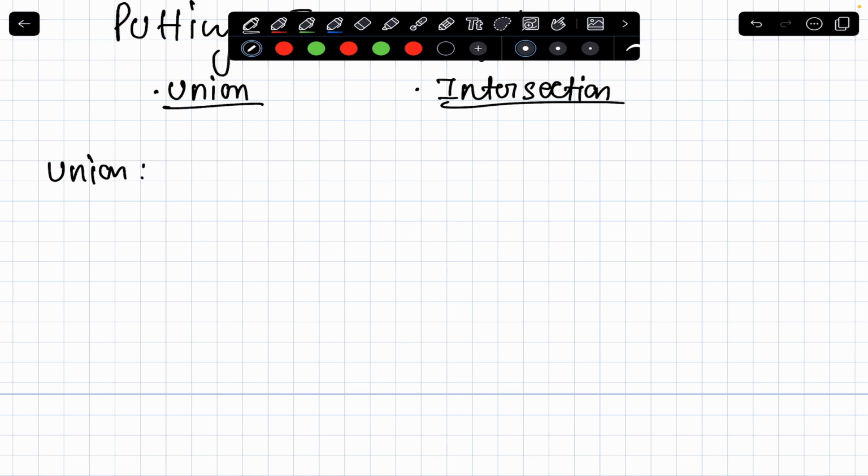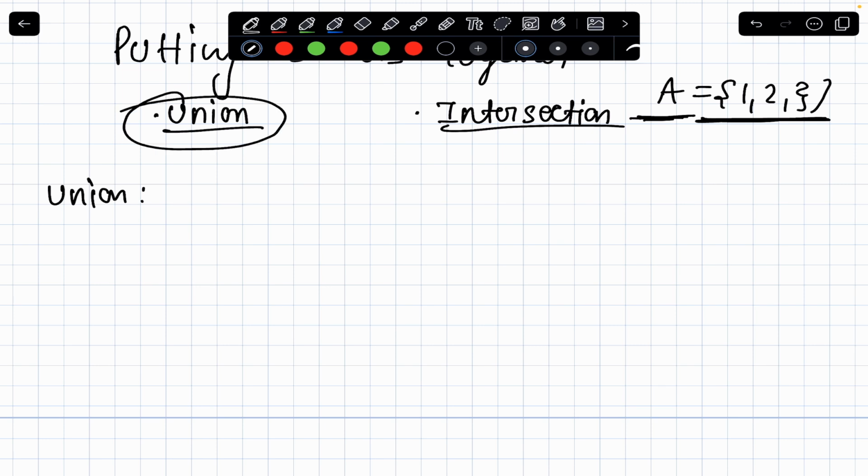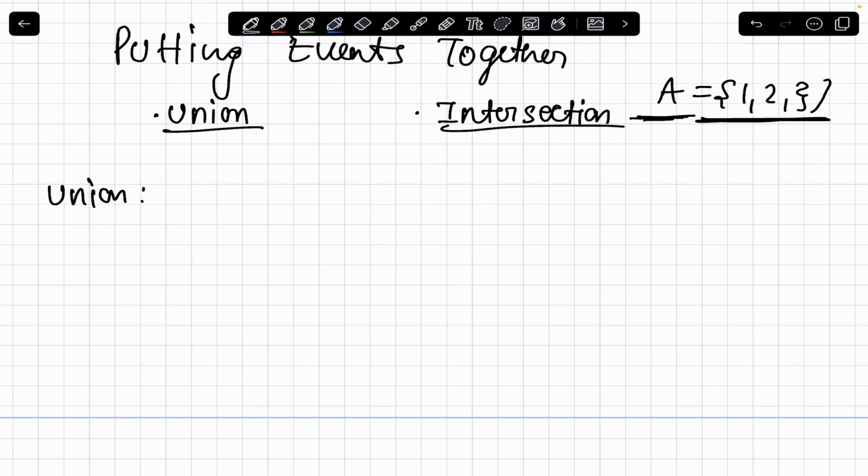A set is nothing but, if an event has 1, 2, and 3, then this set equals A, or A equals this. So if we put A together, we can also say that we are putting events together. In layman's terms, for understanding union and intersection, they actually work on sets, but still I said it.